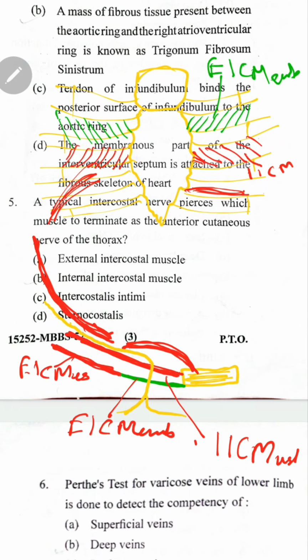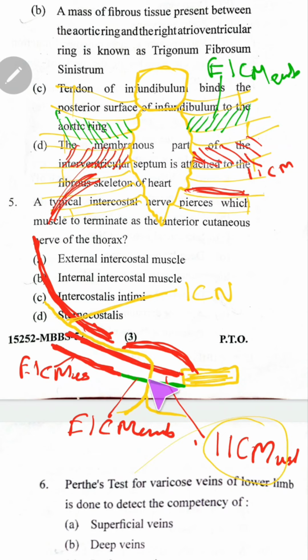It's like this. The nerves and vessels will be running here. So if this is intercostal nerve, it passes here in between the inner two layers of the muscle. When it reaches here parasternally in the interchondral spaces, what will it pierce? It will pierce this muscle, internal intercostal muscle.